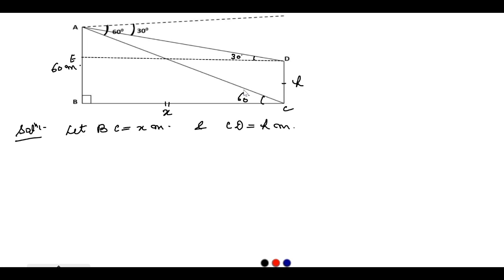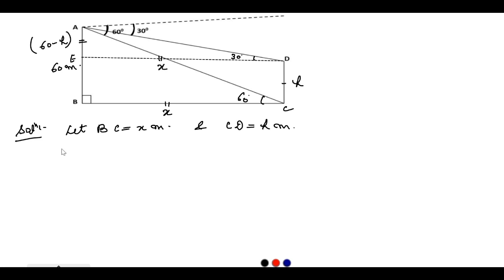Now, there are two right angle triangles in this figure. First triangle AED and second triangle ABC. If AB is 60 and CD is H, then AE will be 60 minus H. And if BC is X, then DE is also X.